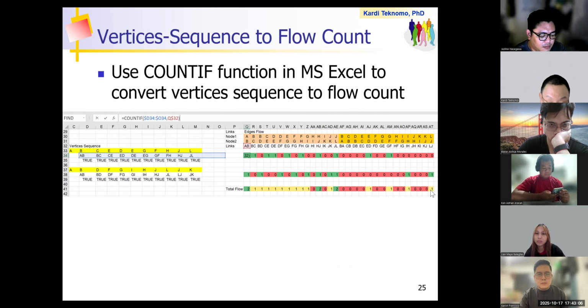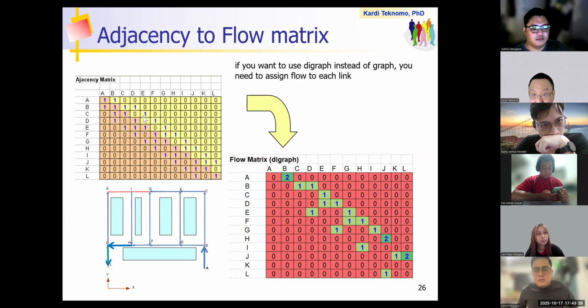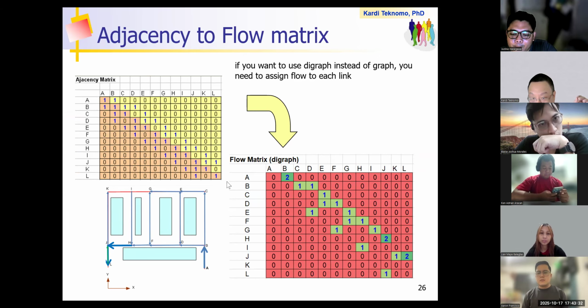Can you see? Based on this total flow, what you will do is put it into the flow matrix, and then you can draw. It is simple. You replace the 1 in the adjacency matrix here, not including the diagonal, with the total flow.